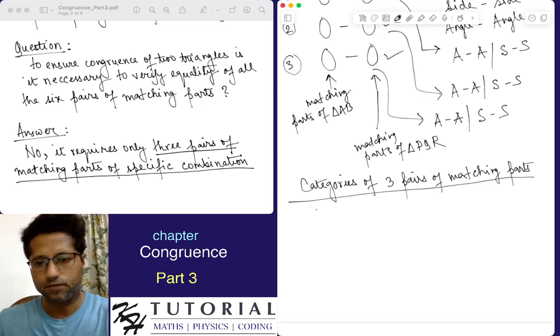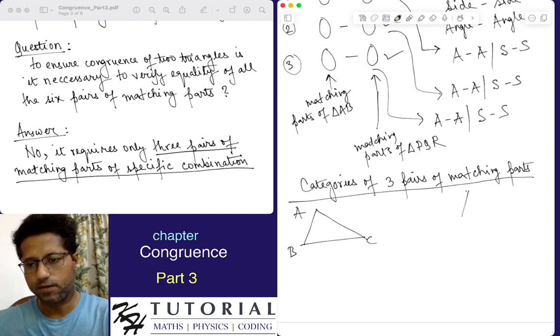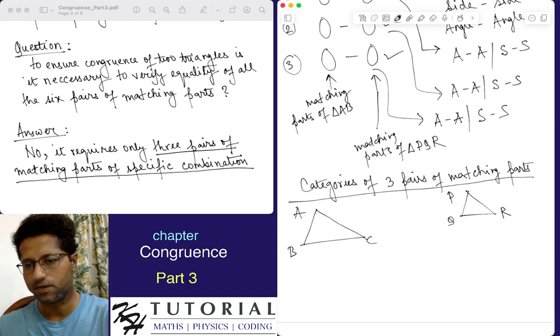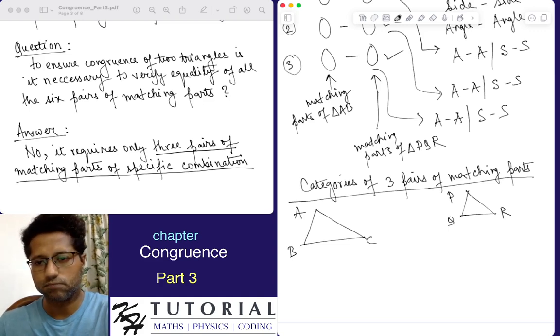Let's say I have this triangle ABC, and I have this triangle PQR. In the process of finding whether they are congruent or not, I know that I need three pairs of matching parts. And what is a pair of matching parts? I have to choose three parts from triangle ABC, and three parts from triangle PQR, which I will match and compare.